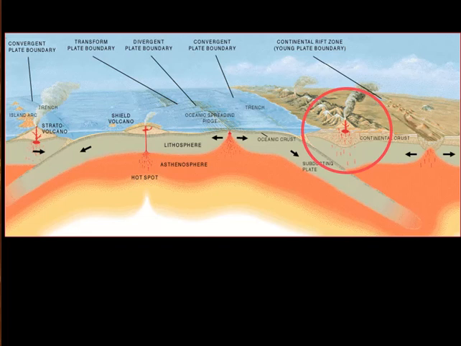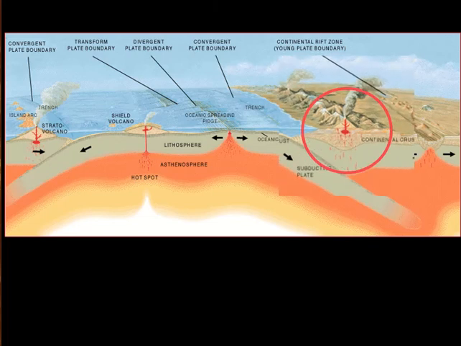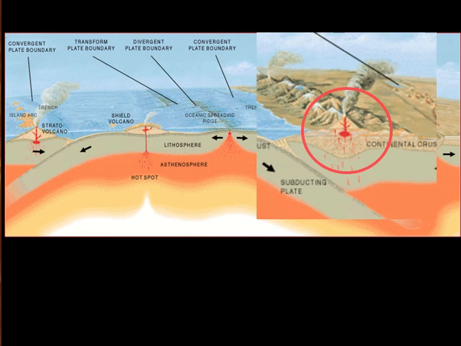So these occur, of course, near subduction zones where you have the melting of the subducting plate coming up to the surface and being emplaced as batholiths, intrusions, plutons, whatever you want to call them, and some will come up to the surface as volcanic rock.